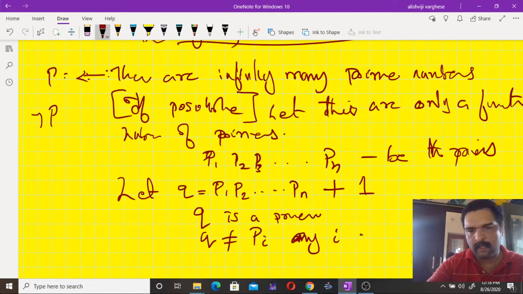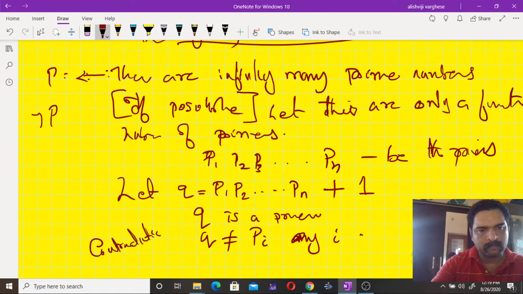So this is actually a contradiction to the assumption that there are only a finite number of prime numbers, and that prime numbers are listed as a sequence p1, p2, etc. pn, and we arrive at a new prime number which is not present in that sequence.